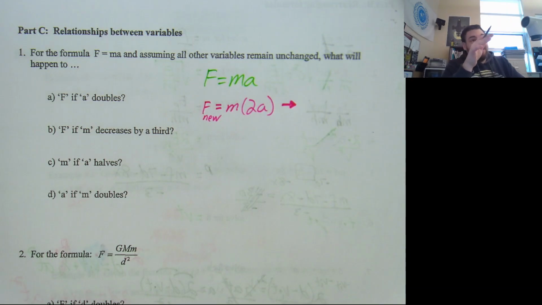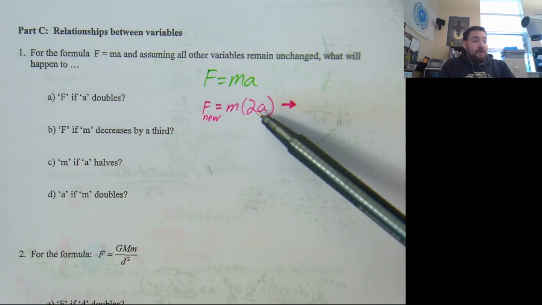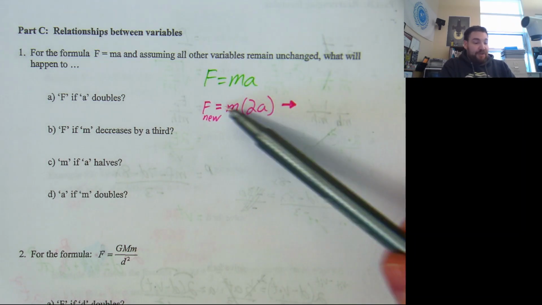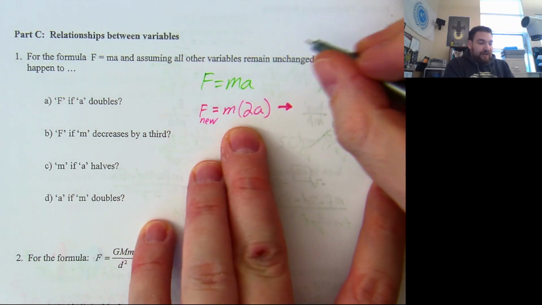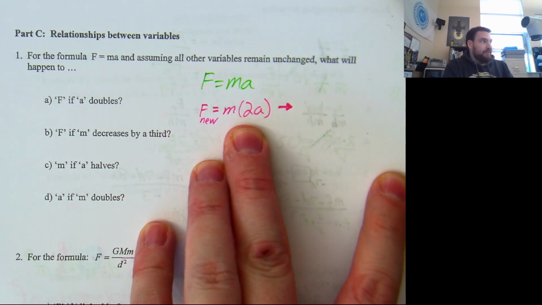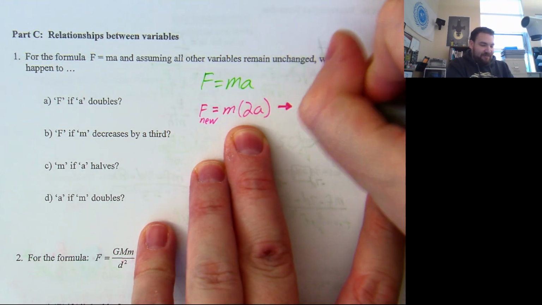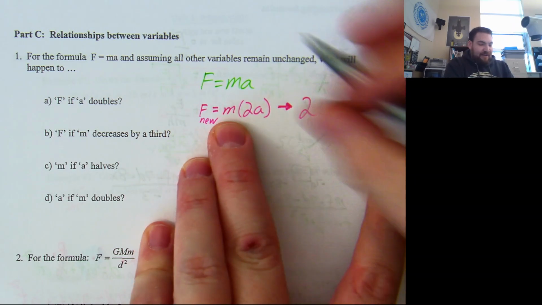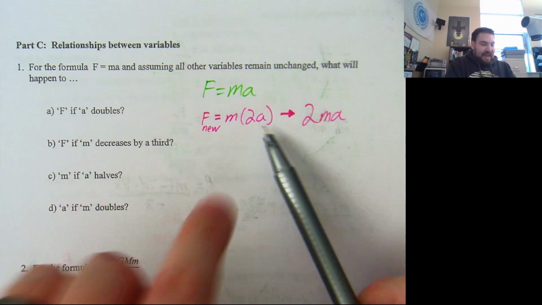It's not as wrong as you think it is. That word distribute implies that we have things being added or subtracted in here. We don't. But yeah, we're just going to multiply the M with the 2A together and write it in the correct order. So the correct order is that coefficient should go where? At the front. And the MA comes after.